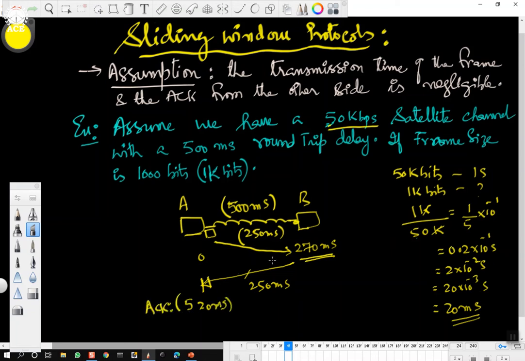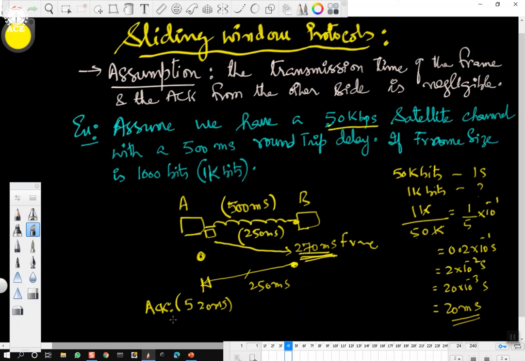So the frame transmission starts at 0 and arrives at the other side at 270. Why 270? 20 milliseconds for transmission, 250 milliseconds for propagation. Then the acknowledgement of zero size is sent by B and arrives at the other end after a propagation delay of 250.